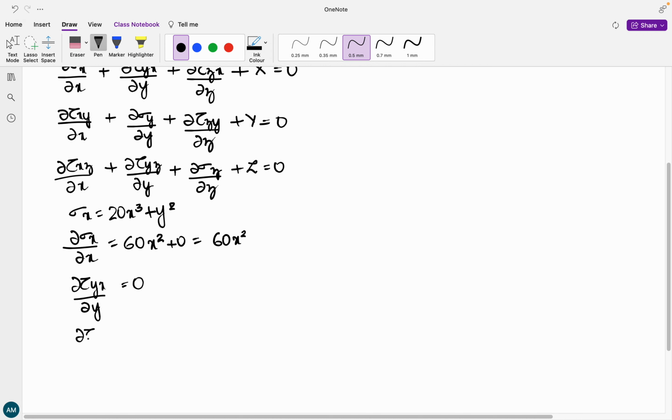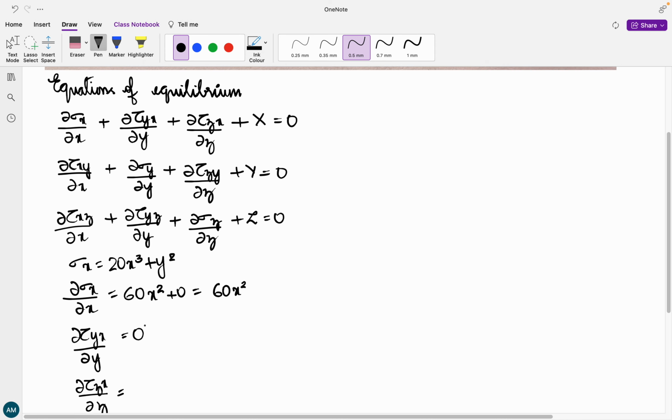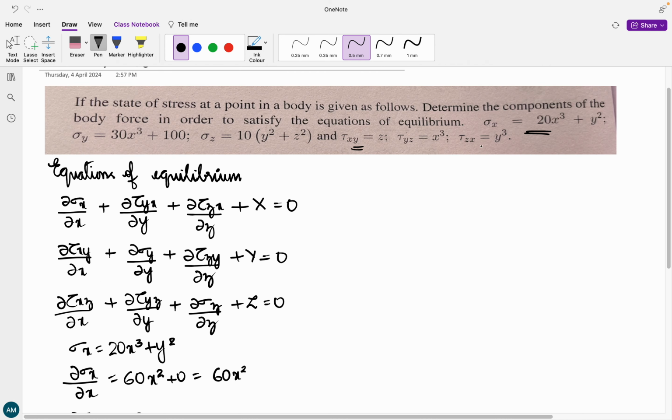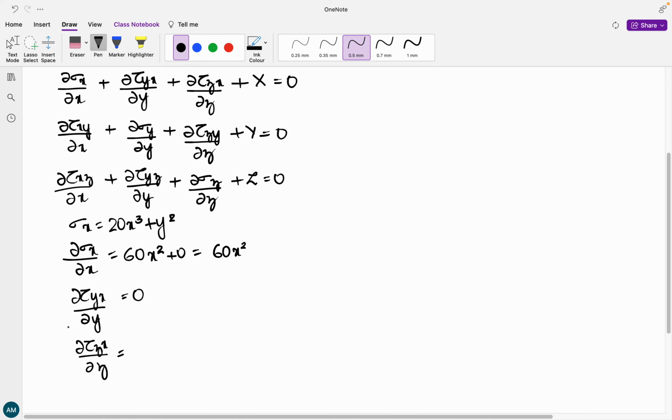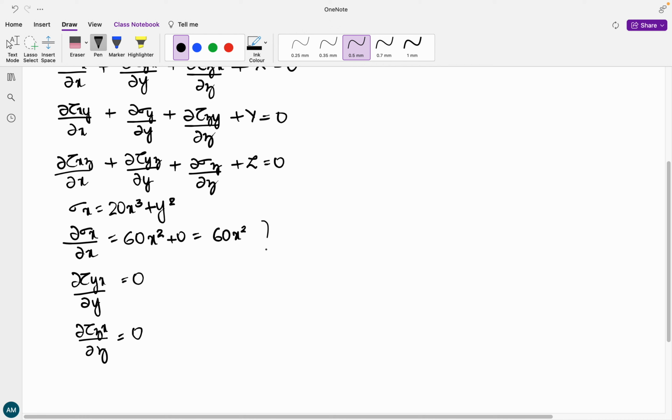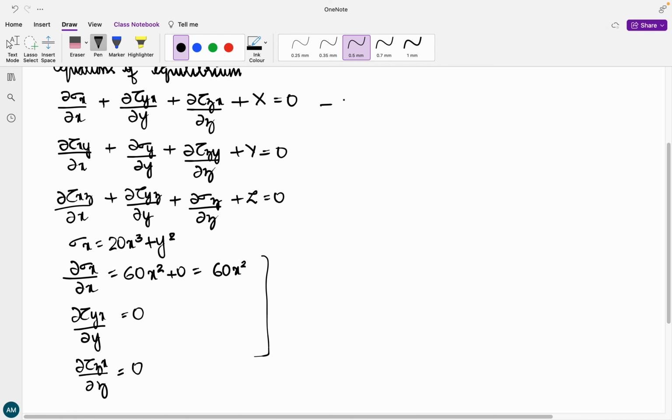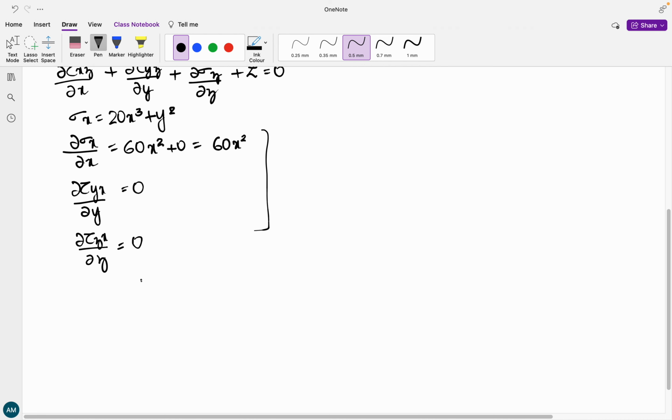Last, it is dou tau zx by dou z. What is tau zx? It is y cube. If you differentiate with respect to z, it is 0. Substituting these three into equation 1, we have 60x square plus 0 plus 0 plus capital X is 0. This implies body force x is equal to minus 60x square.